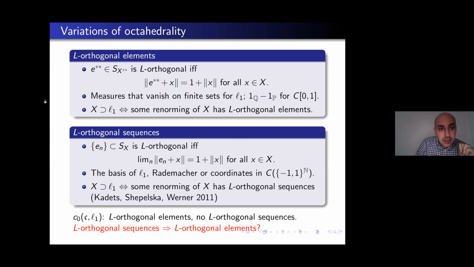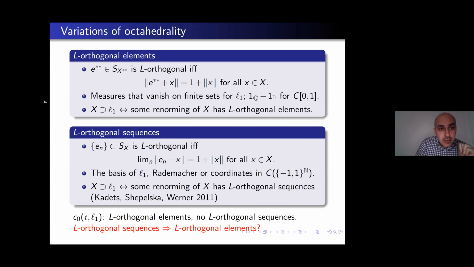There is a natural guess. You have a sequence in the sphere of the Banach space. If I look at it in the bidual, the bidual ball is compact in the weak star topology. So this sequence has to have cluster points in the bidual, in the weak star topology.